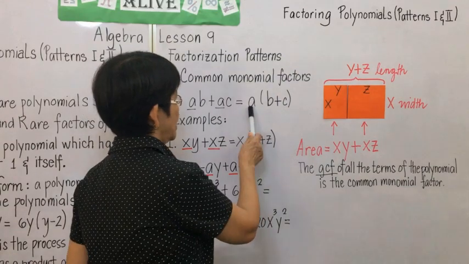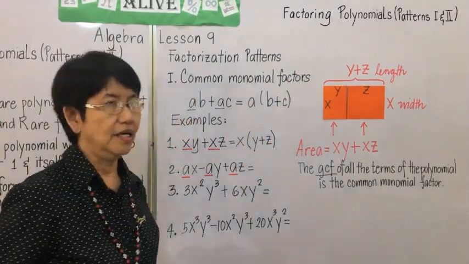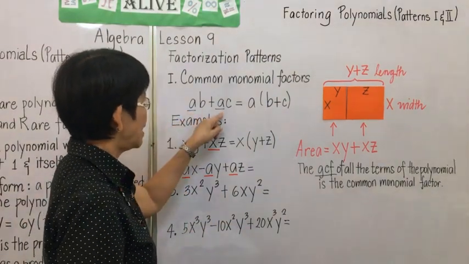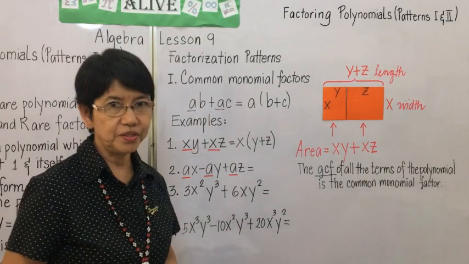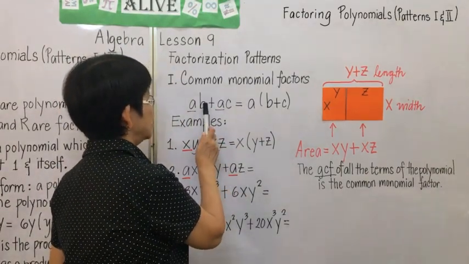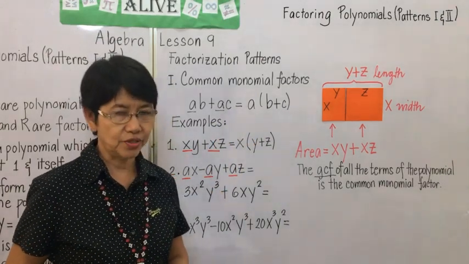So A is the first factor, and the second factor you derive by dividing out A from the given polynomial. So what will be left is B and C. So B plus C is the second factor.